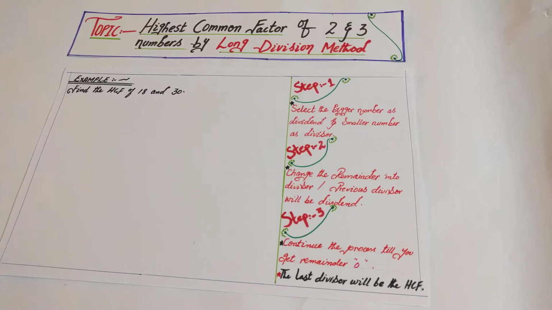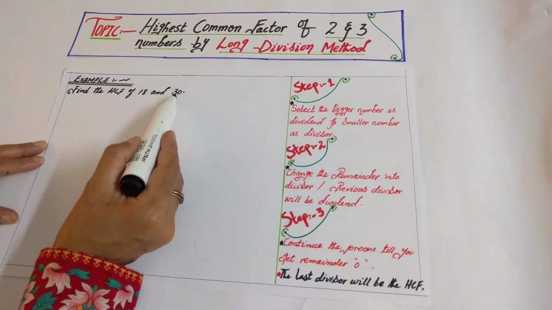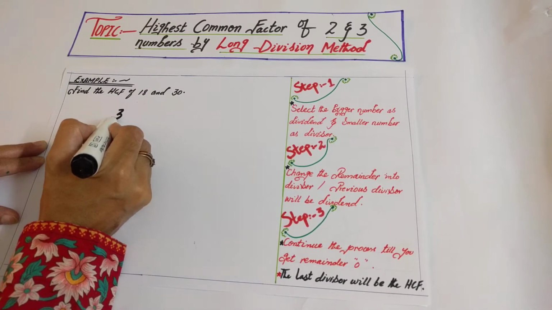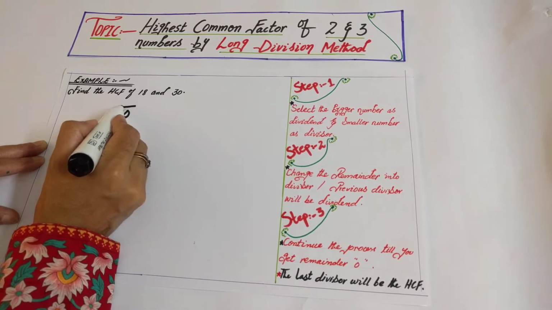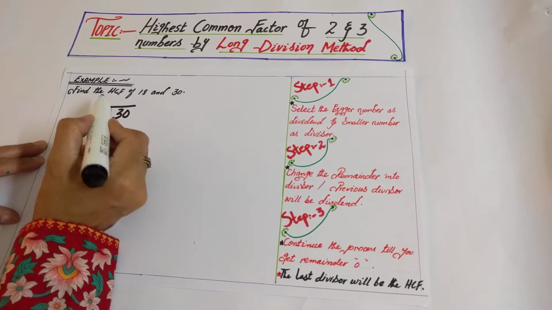2 numbers are given. So according to our step number 1, select the bigger number as dividend. 30 is the bigger number, so 30 is the dividend. We will put the long division sign and 18 is the divisor.